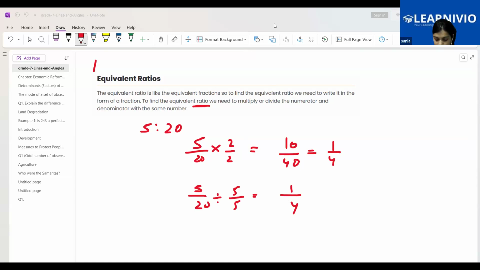Ma'am, should we write this one? Ma'am, the meaning of 1 is to 4 is much different from the meaning of 1 by 4, right? 1 is to 4 means 4 times 1 of that.